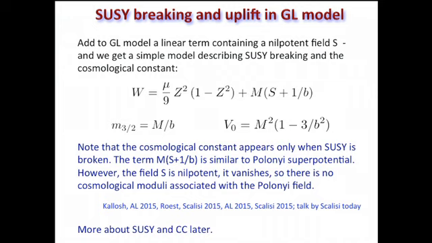Now we want to make the second step, and in this very simple model also to describe cosmological constant, meaning dark energy, and supersymmetry breaking. So this is the superpotential for the simple model, and we are adding here something which everybody who studied phenomenology easily recognizes. This is the Polonyi superpotential.